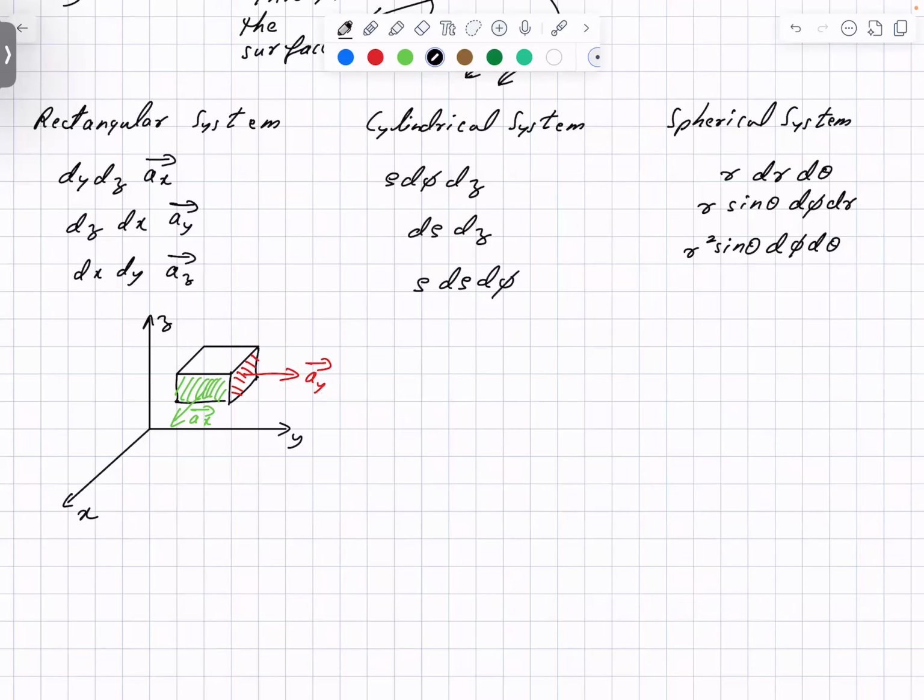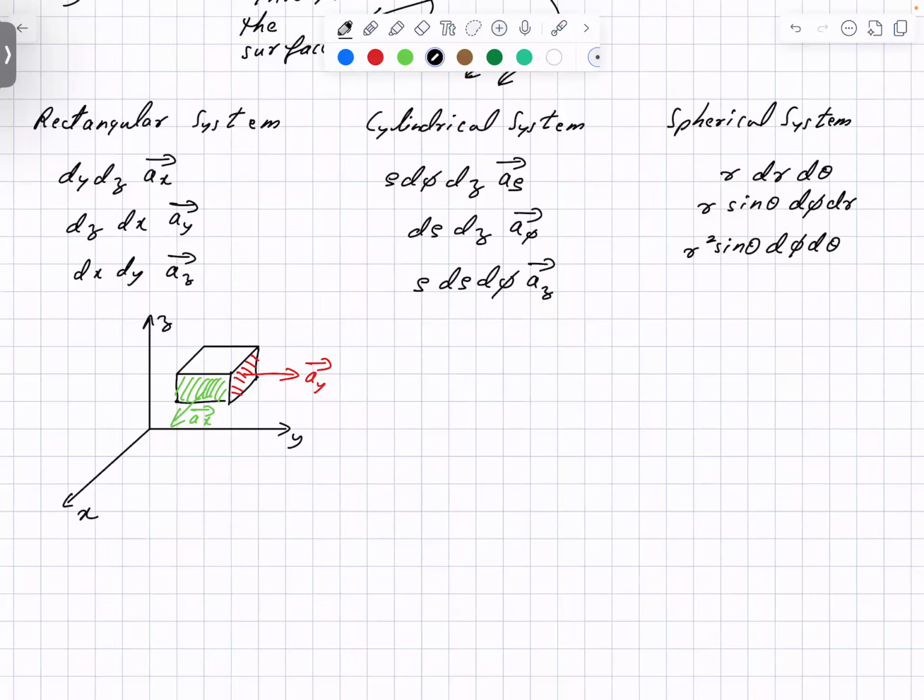We're going to do the same thing for the cylindrical system as well. If rho is fixed and just phi and z vary, then the unit vector perpendicular to that surface would be a rho. In the second surface, we have d rho dz. That means phi is fixed, so the unit vector is a phi. In the third case, rho and phi are changing, z is not changing, and the unit vector is az.